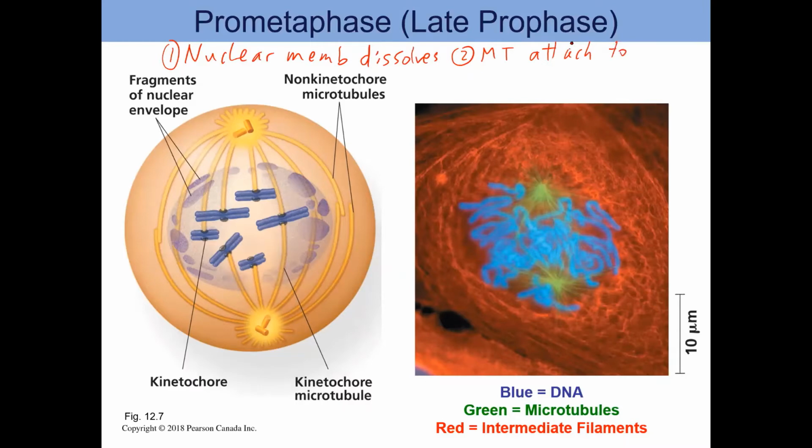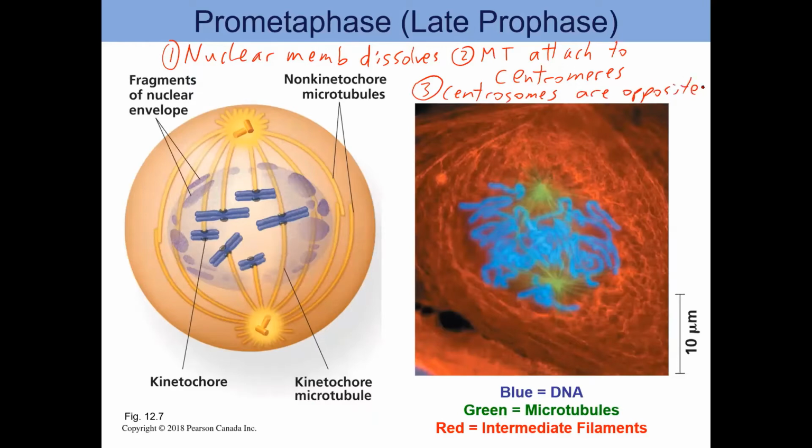Remember that word, they attach to the centromeres, sorry. Get my words mixed up. What did I say the third thing was? I don't know if I said the third thing, but there is a third thing. So notice that the centrosomes are opposite.